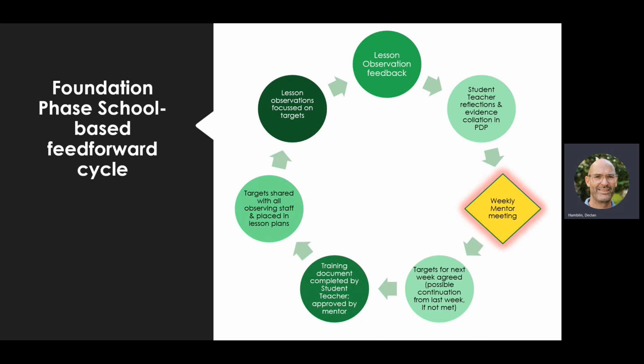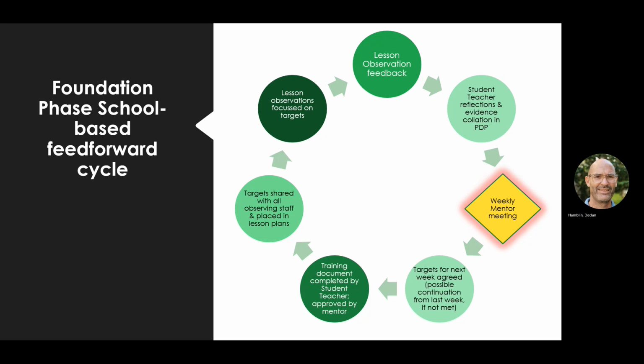Those will be agreed, and potentially once they've started teaching for several weeks, those targets might be a continuation for maybe 2, 3, 4 weeks, and that is fine. What we would say is that the action would need to change. The target can remain the same, and we don't expect, for example, something like assessment for learning to be achieved within a week. That's impossible to do, but we would expect actions to change in order to make sure that they're meeting that target robustly.